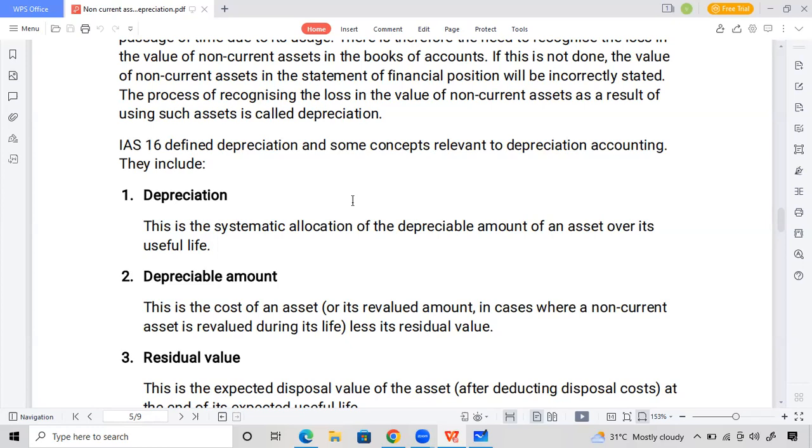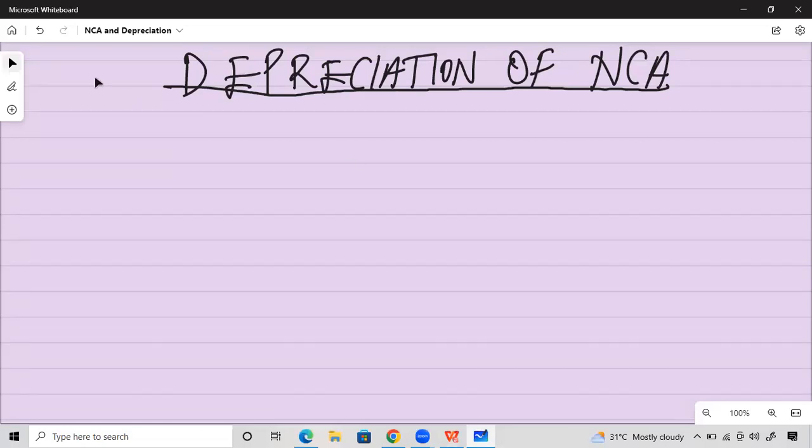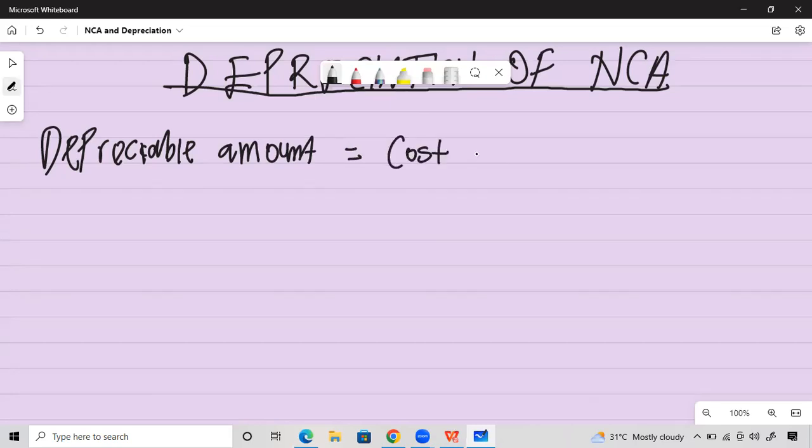Depreciable amount is the cost, that is the cost at which you buy this particular asset, minus the residual value.